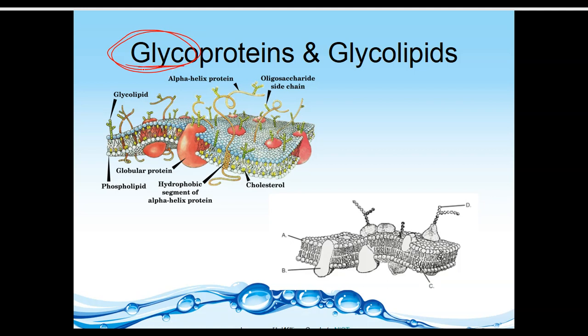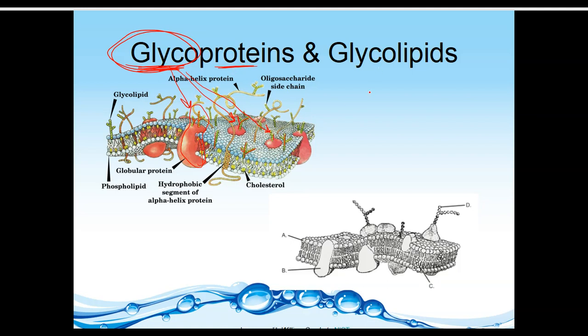So if I glue a little piece of carbohydrate or a sugar to a protein, I have a glycoprotein. This is an example of a glycoprotein. These little branchy guys, and you can see them here and here and here and here, these branchy guys are the carbohydrate branches that can get stuck to proteins, turning a protein into a glycoprotein.